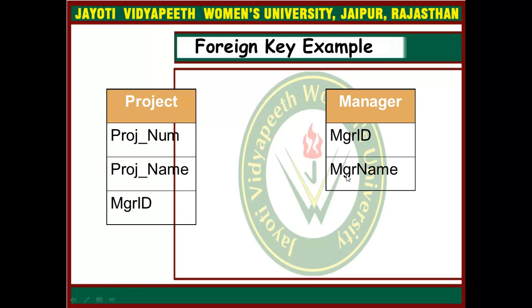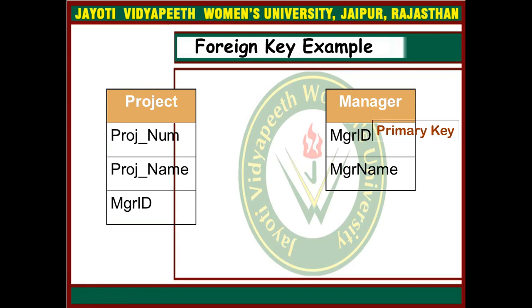If in a table I select this as a primary key, you need not create another primary key here. So this primary key behaves like a foreign key, in simple terms.